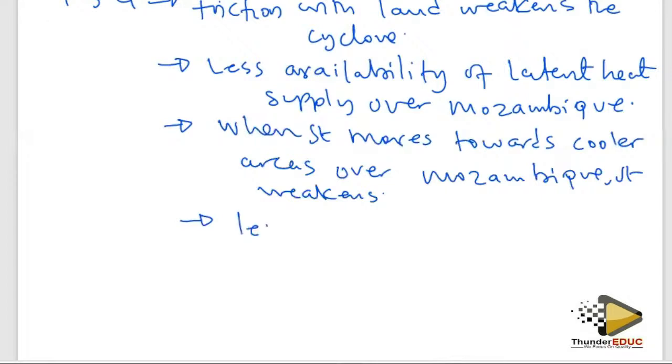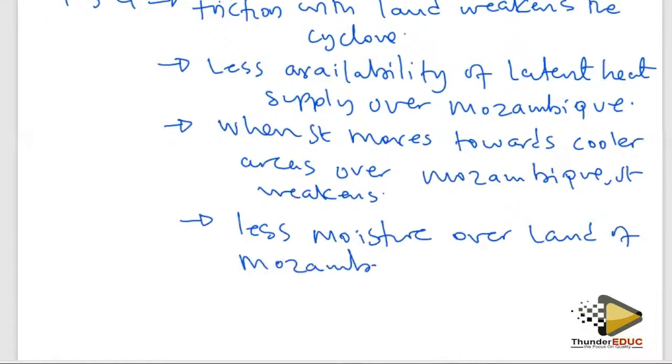I want to talk about less availability or less moisture over the land of Mozambique, which weakens the cyclone, among others, right?